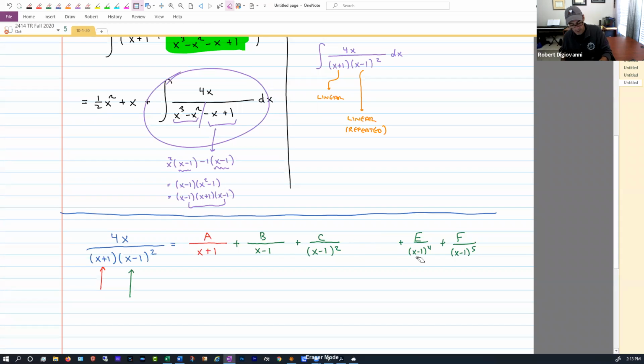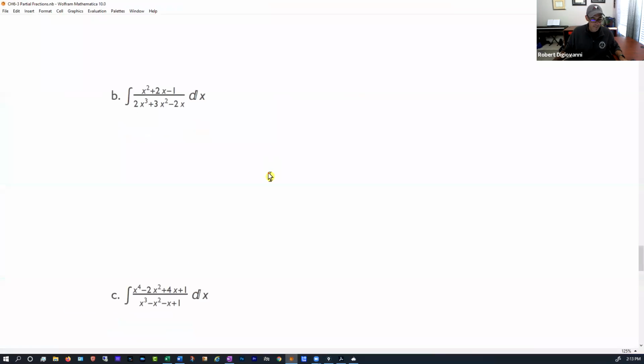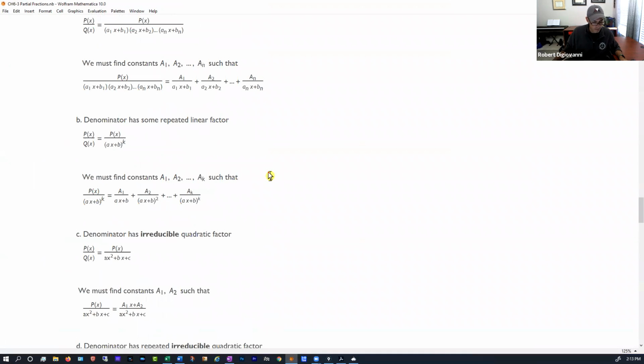So I'm going to erase all of this. If you look at the notes for this section, I am actually saying that somewhere here. Here it is. What if your denominator has some repeated linear factor? In other words, you have a polynomial on top, you have a linear expression on the bottom raised to the k. Then we must be able to find constants a1, a2, a3.